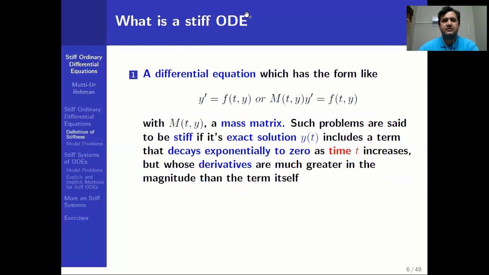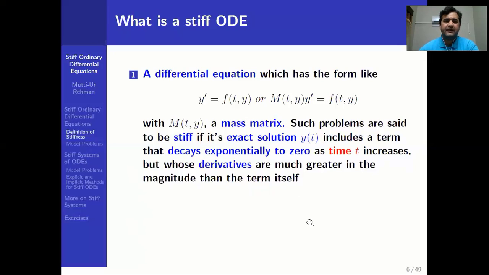So now we will see what basically a stiff ordinary differential equation is. Let's begin with a very simple case: we have a first order ordinary differential equation. You can have an equation in this particular format as well, where this is a mass matrix.